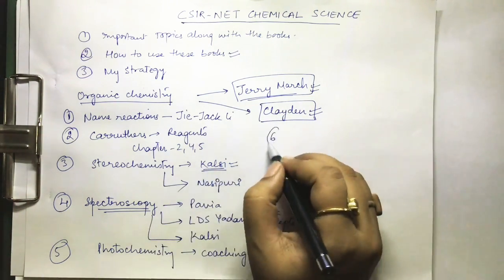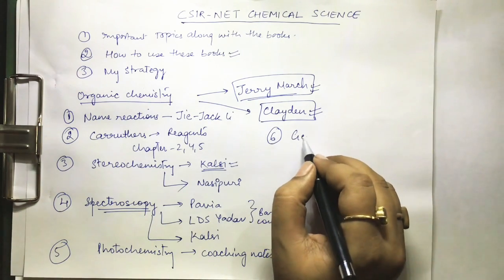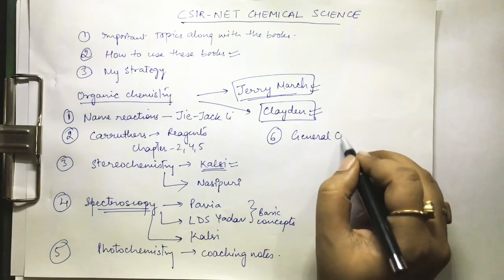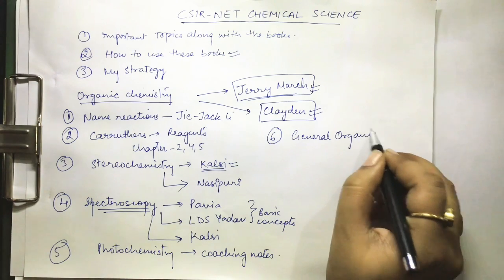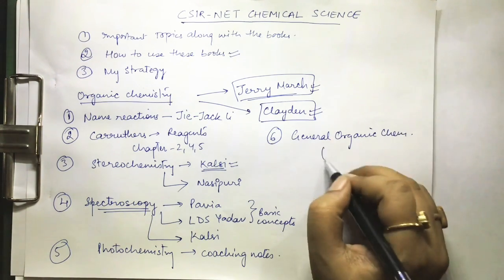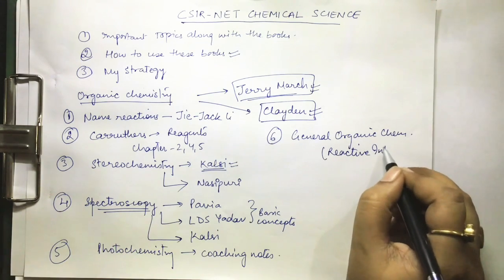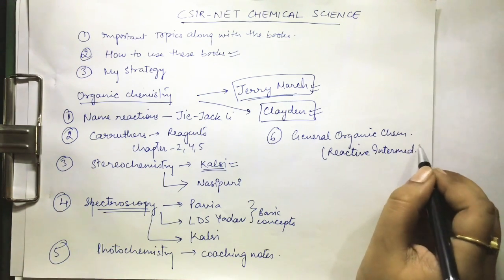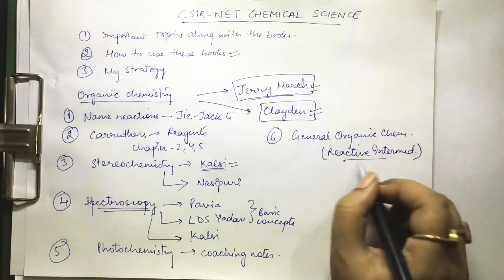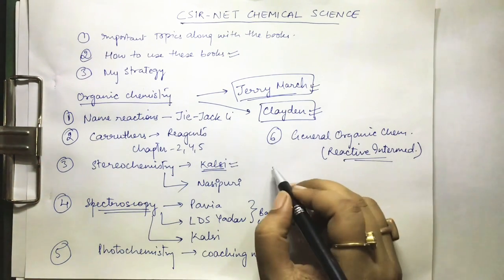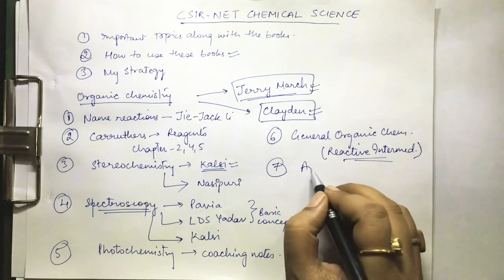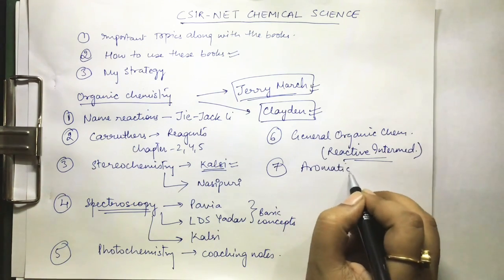Apart from these important topics, you also have general organic chemistry, in which we also have the reactive intermediates. Again, a very important part of your NET exam, very important part. Then one more topic is left, that is aromaticity.